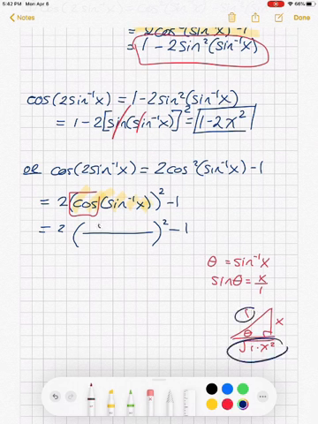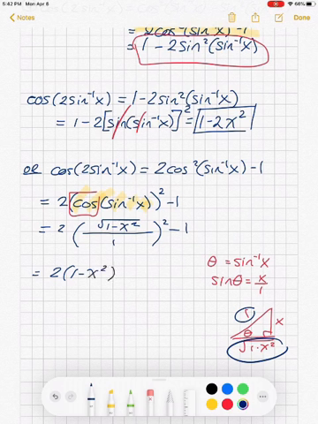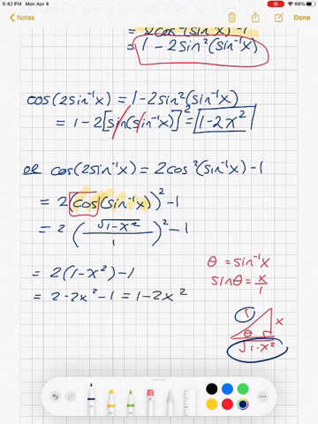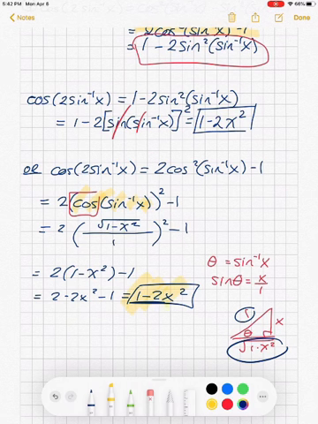Would be root 1 minus x squared over 1. Okay, so look at that. See how I got the same answer here and here? Of course, the top one was less work.